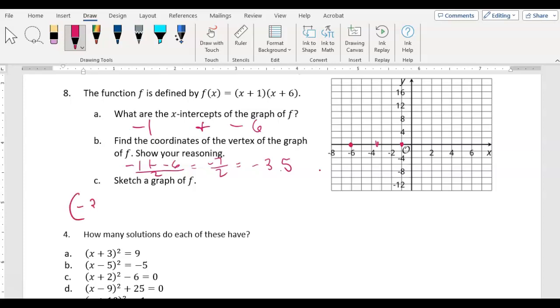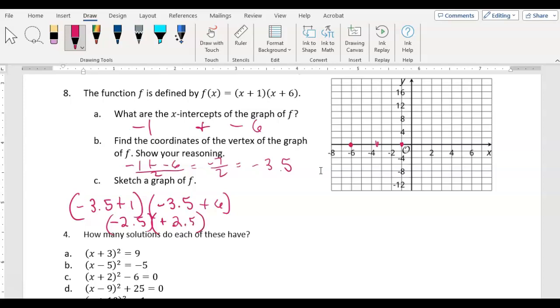So if we have -3.5 plus 1 times -3.5 plus 6, we will get -2.5 times positive 2.5.